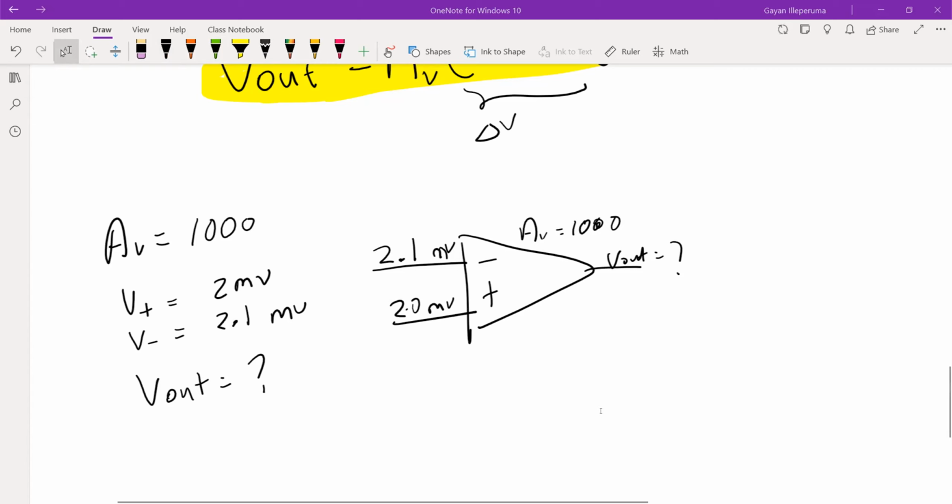Can you put it into the chat? 4.1 volts.